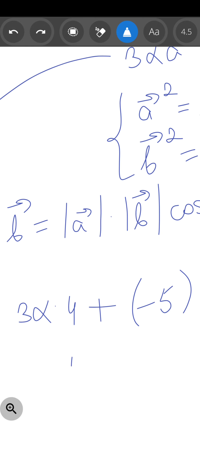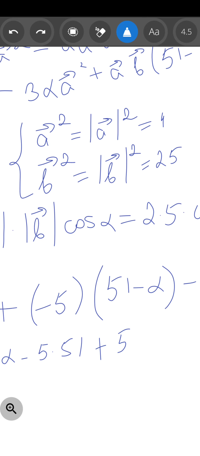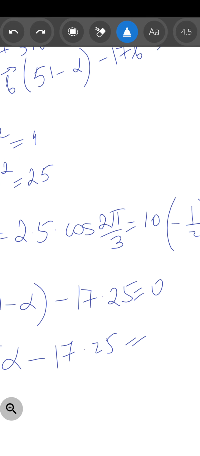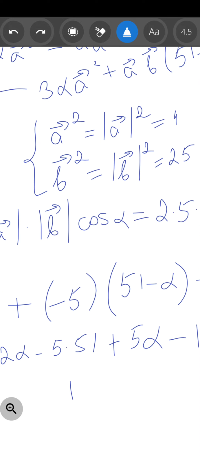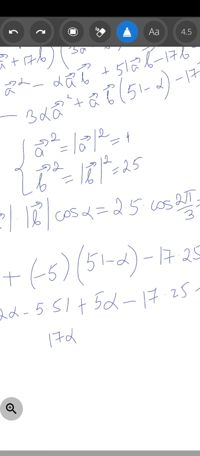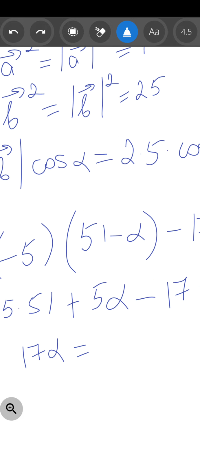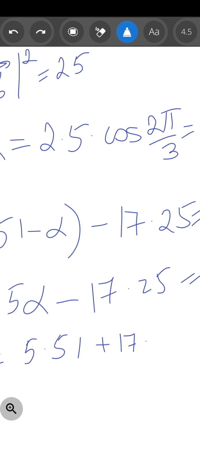We obtain that 12 alpha minus 5 times 51 plus 5 alpha minus 17 times 25 equals 0. Let's combine like terms 12 alpha and 5 alpha. The sum of these terms is 17 alpha. And if we add 5 times 51 and 17 times 25 to both sides of the equation, we obtain that 17 alpha equals 5 times 51 plus 17 times 25.